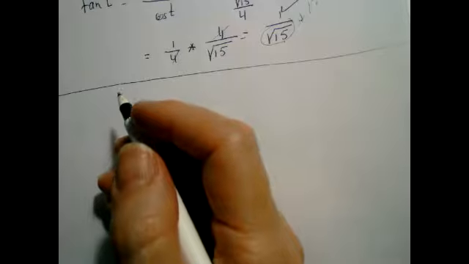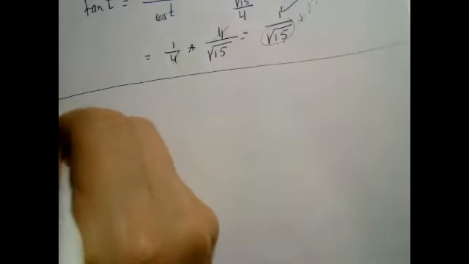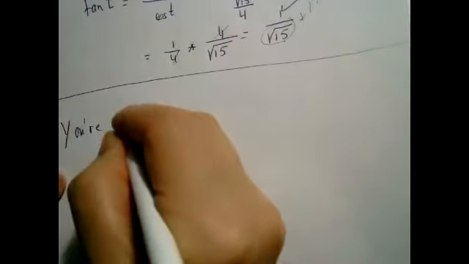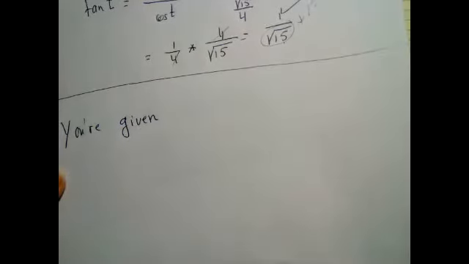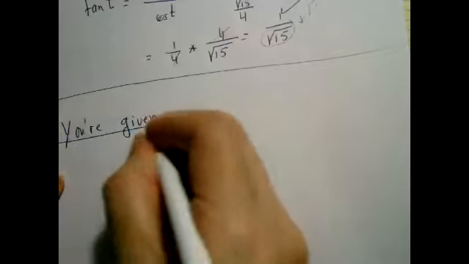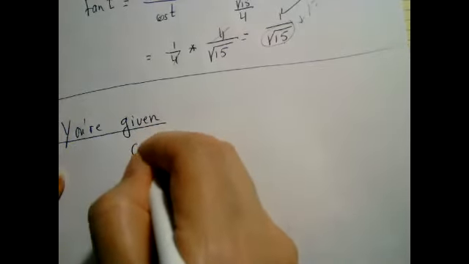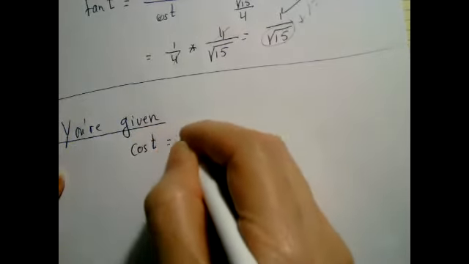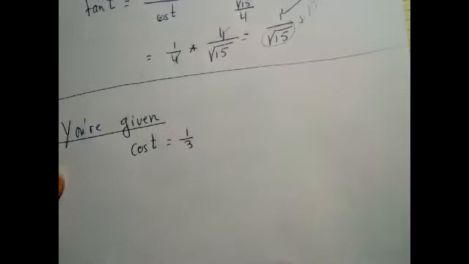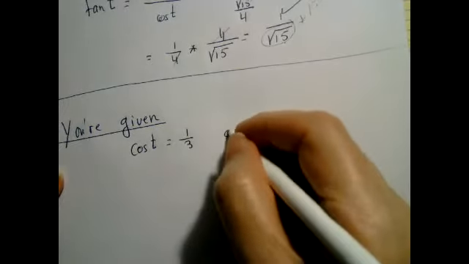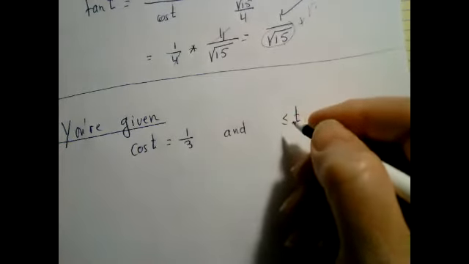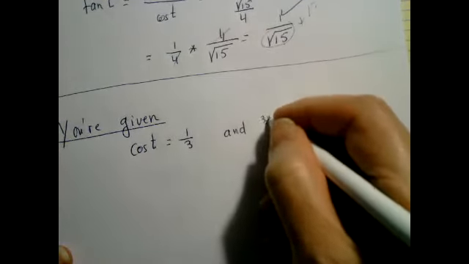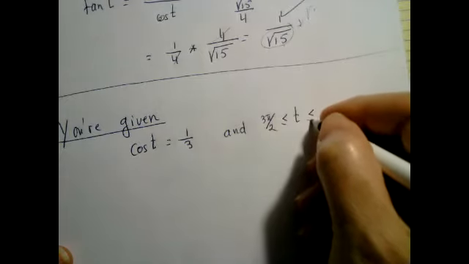So you're given the following. Cosine of t equals 1/3. So the cosine is positive, but the angle is between 3 pi over 2 and 2 pi.